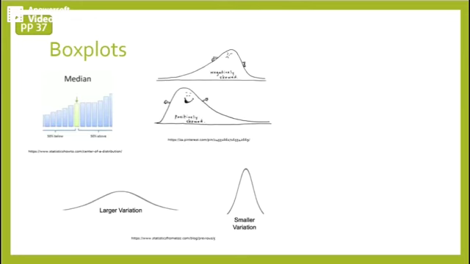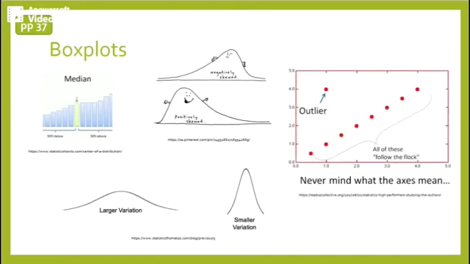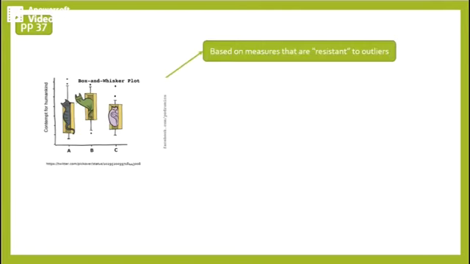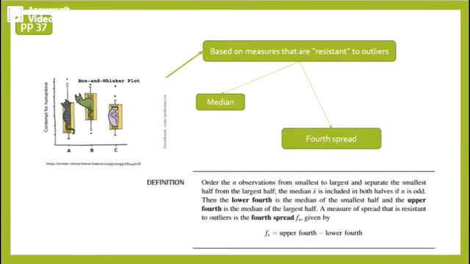And then the extent and the nature of any departure from symmetry. And then the identification of outliers. Because the mean and the sample standard deviation are quite sensitive to the outliers, the box plot is based on measures that are more resistant to the outliers, which is the median and the fourth spread. So what is the fourth spread?